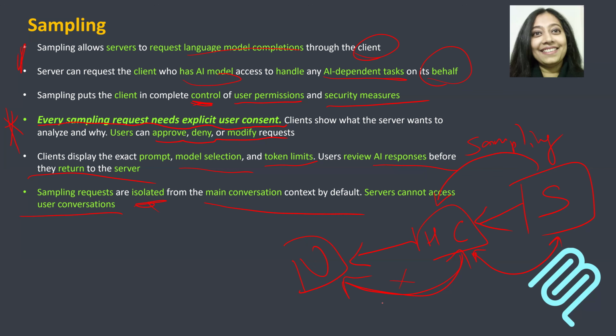So whether the user approves, denies, or modifies the request, the server does not have any access to this user conversation. Server is basically by itself. So any conversation, especially these sampling requests, are received and executed in isolation.